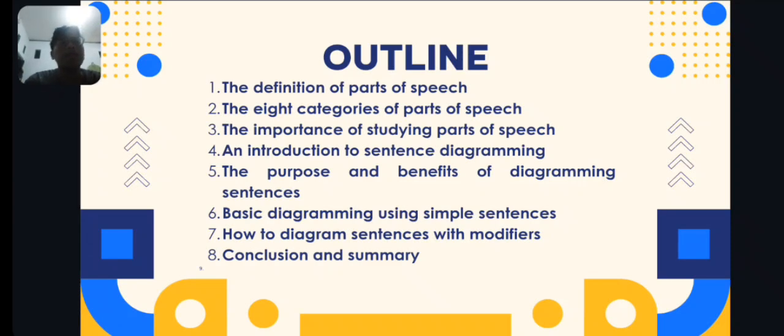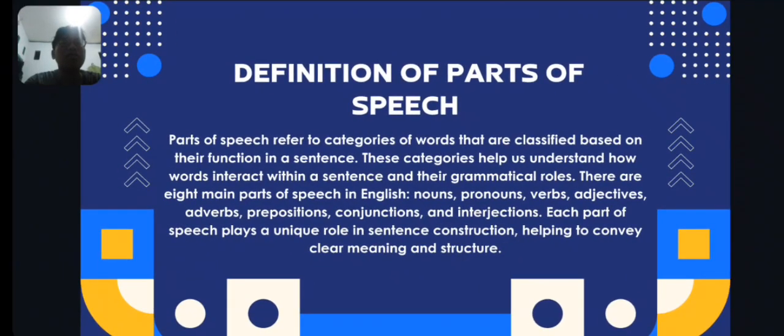So next, this is the definition of part of speech. Parts of speech refer to categories of words that are classified based on their function in a sentence. These categories help us understand how words interact within a sentence and their grammatical roles.